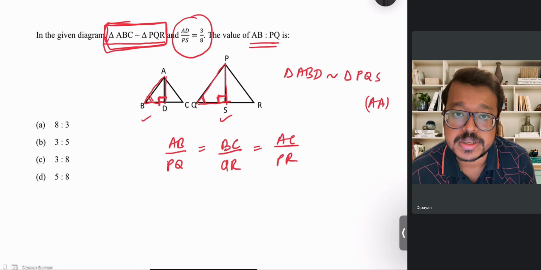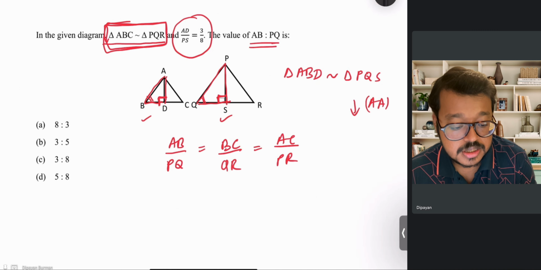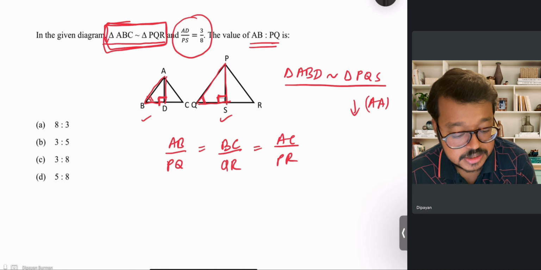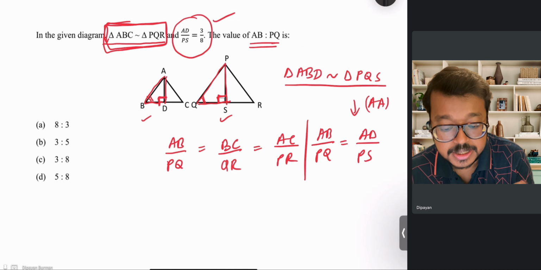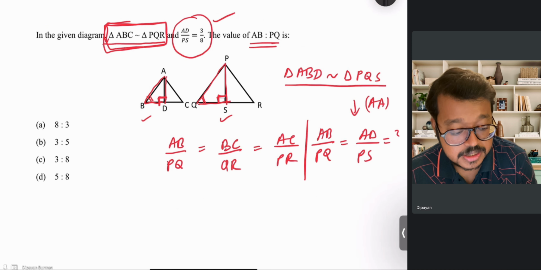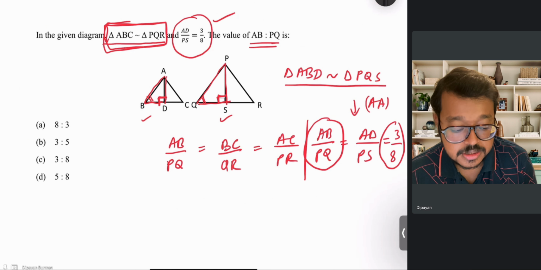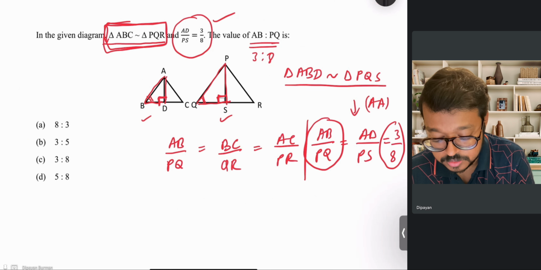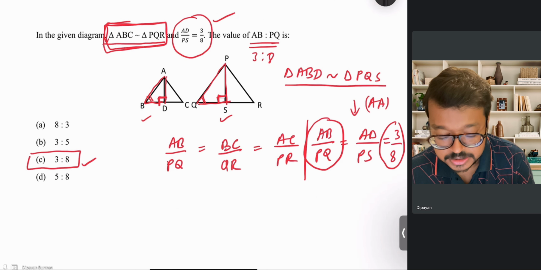I have found out two pairs of corresponding angles that are equal. So from this pair of similar triangles, ABD similar to PQS, I can say that AB by PQ must be equal to AD by PS. Now AD by PS is given as 3 by 8. So that means AB by PQ must also be 3 by 8, or in the ratio format it should be 3:8. So option C should be correct.